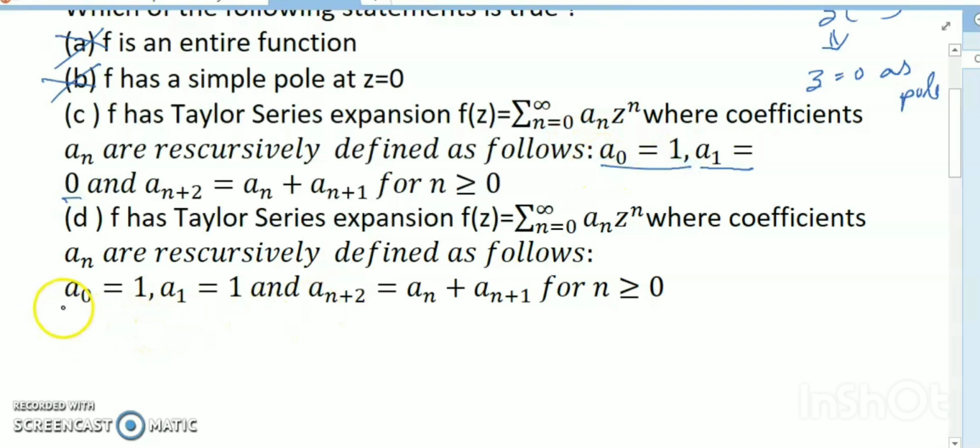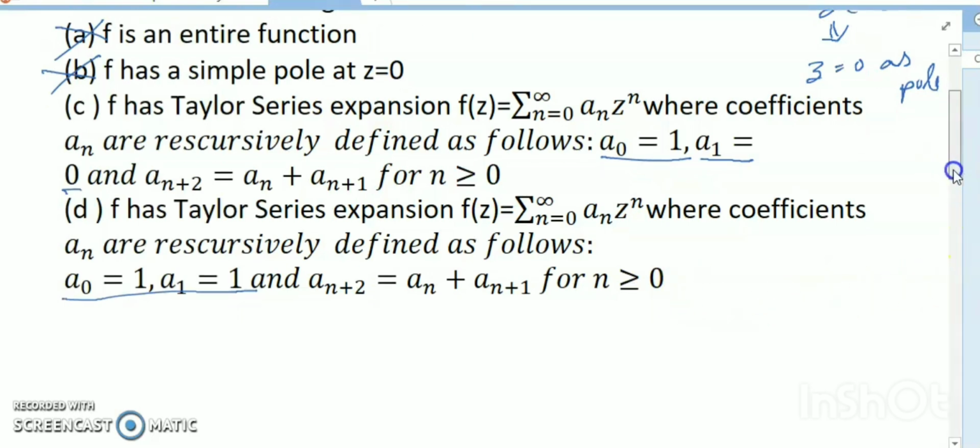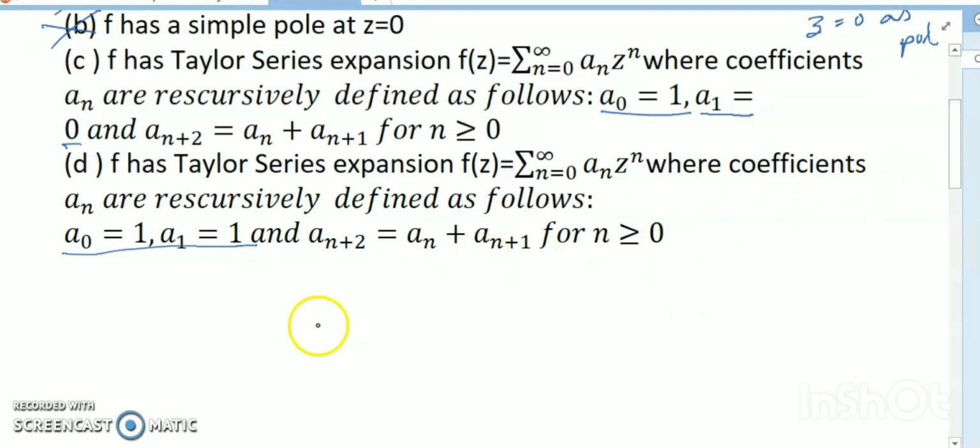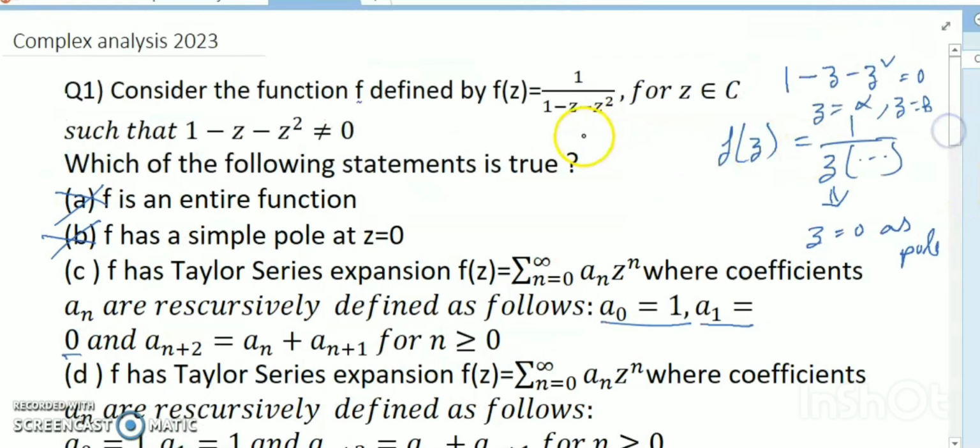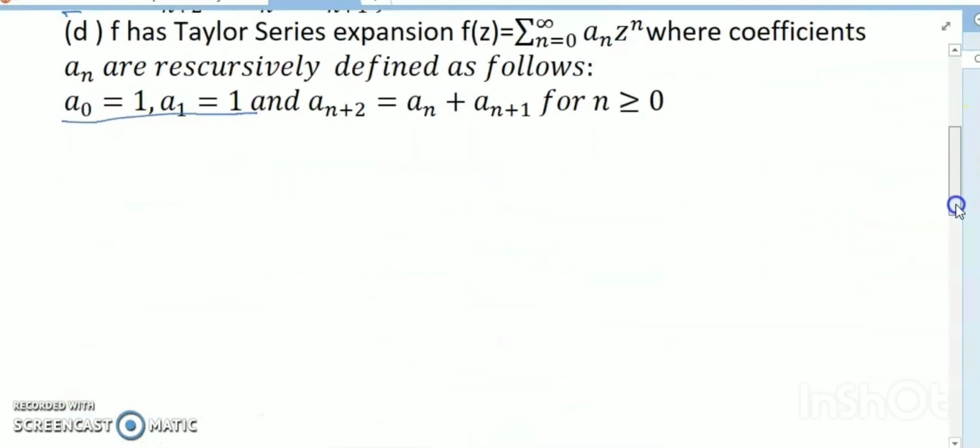And in case both a_0 and a_1 equal 1. So in this case, friends, I have to express 1 divided by 1 - z² in this term, a_n z^n, Taylor series term.